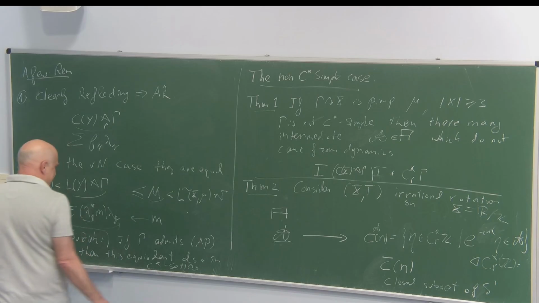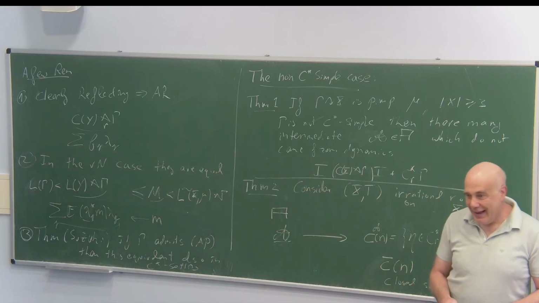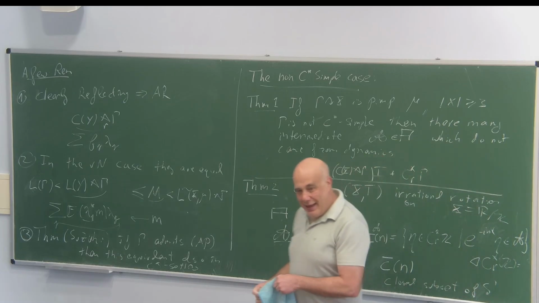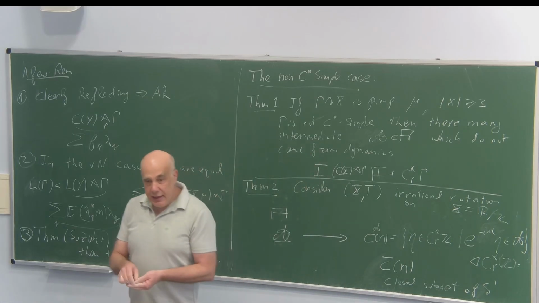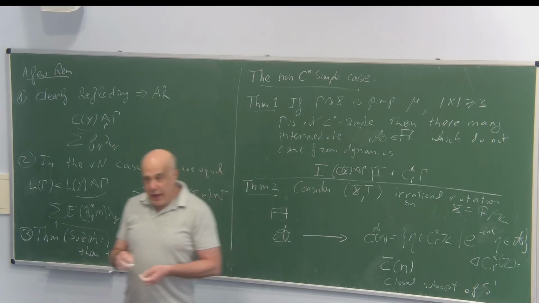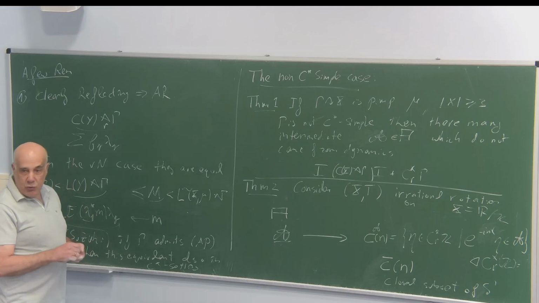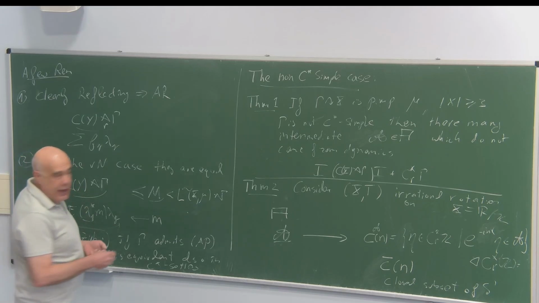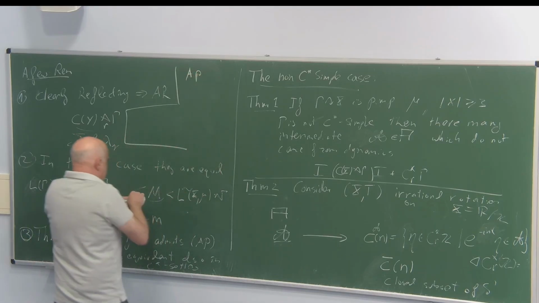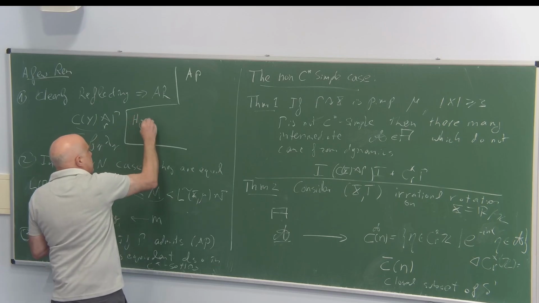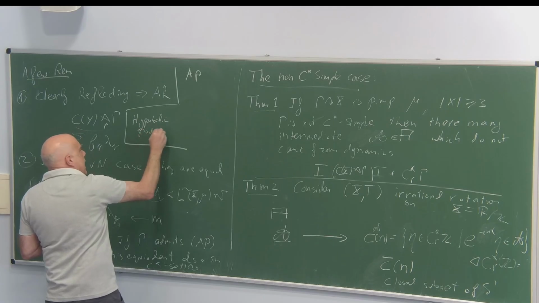What is AP? It's some approximation property. Stronger than residual finiteness. Instead of saying what is AP, let me tell what groups satisfy this. Okay, so hyperbolic groups are AP.